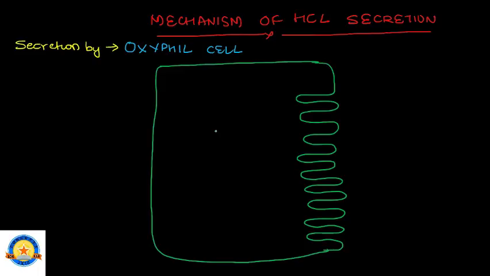You have to learn how secretion occurs. Now, this side is the lumen. It is apical. This is called the apical membrane, or simply we can write lumen.